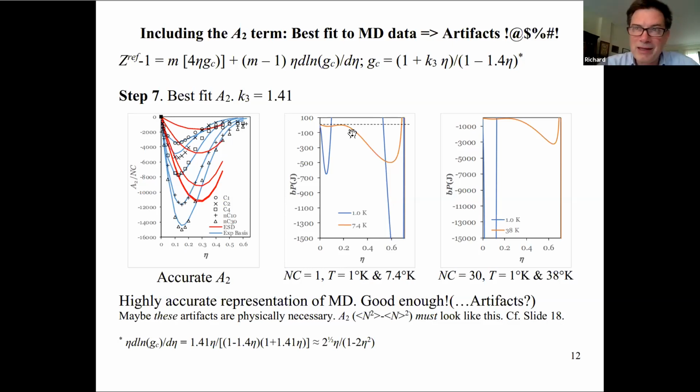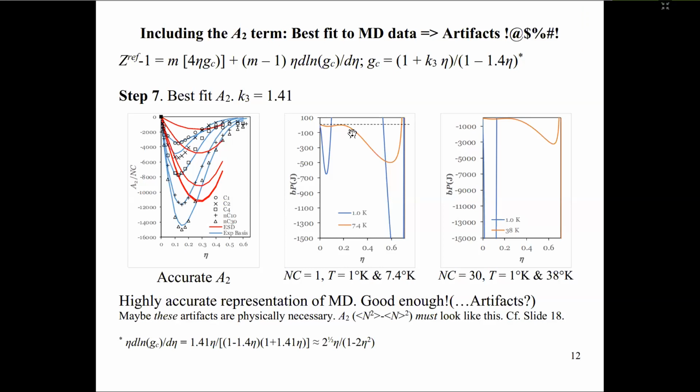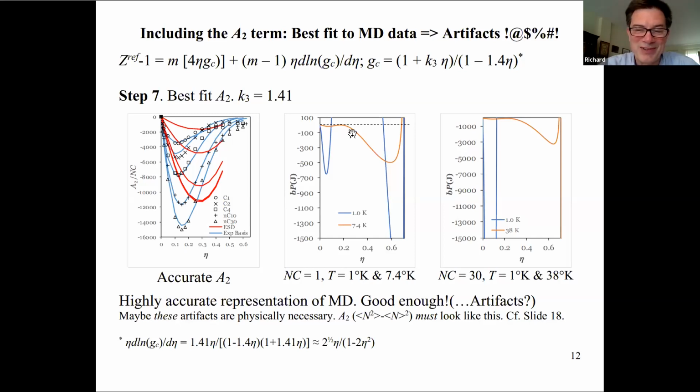Maybe, but let me wonder, how realistic is that for a molecule like argon? Do we really believe that there's going to be that kind of behavior for argon, or is it going to be more like the van der Waals loop that I've talked about with the artifact-free approach? Maybe a way to answer that is to look at the interfacial properties. I would bet that I could get good surface tensions with a simple van der Waals loop.